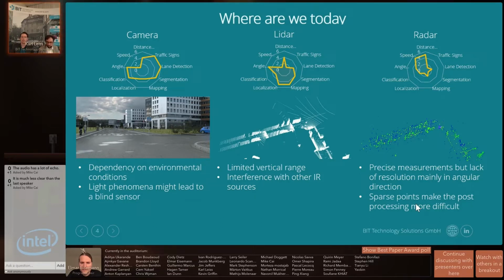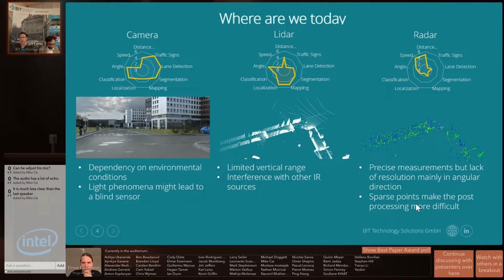Next, the LiDAR. It has some potential as it's an active sensor as opposed to the camera sensor. It sends out active energy in the form of an infrared signal. That helps in many circumstances, if there's slight fog, for example, and it can detect depth, especially way better than the camera. However, it has a limited vertical range.